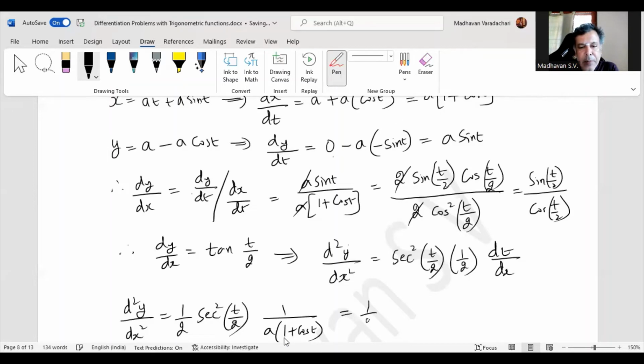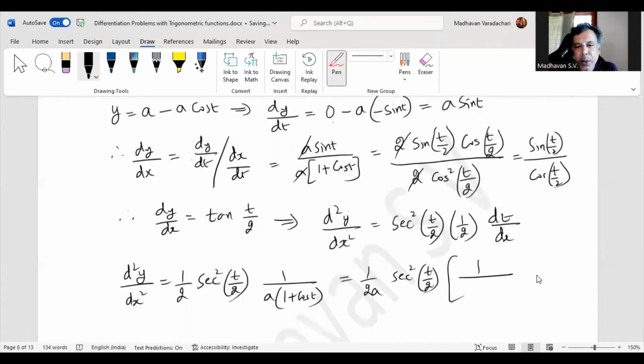Again, 1 divided by 2a secant square of t by 2, and then 1 divided by 1 plus cos t can again be written as 2 times cos square of t by 2.